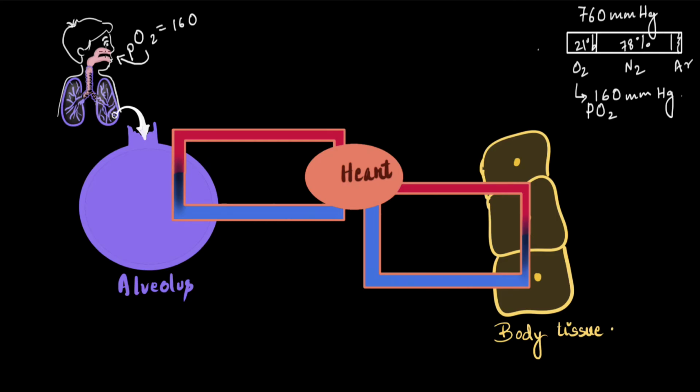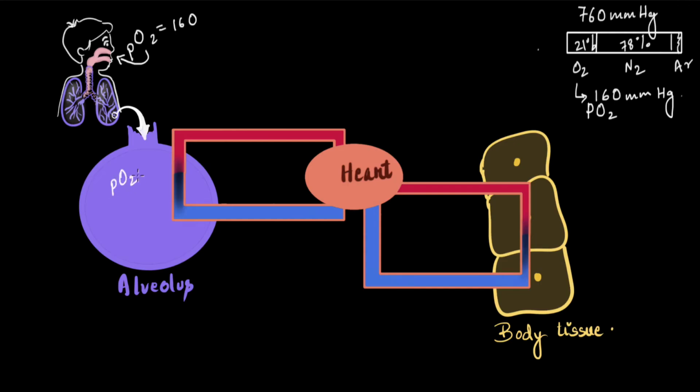So when we inhale, the air moves down our trachea and reaches the alveolus, right? So what will be the partial pressure of oxygen in the alveolus? Well, the very first thought would be, hey, it should be the same as it was outside, right? But the pressure inside, if you calculate, changes.